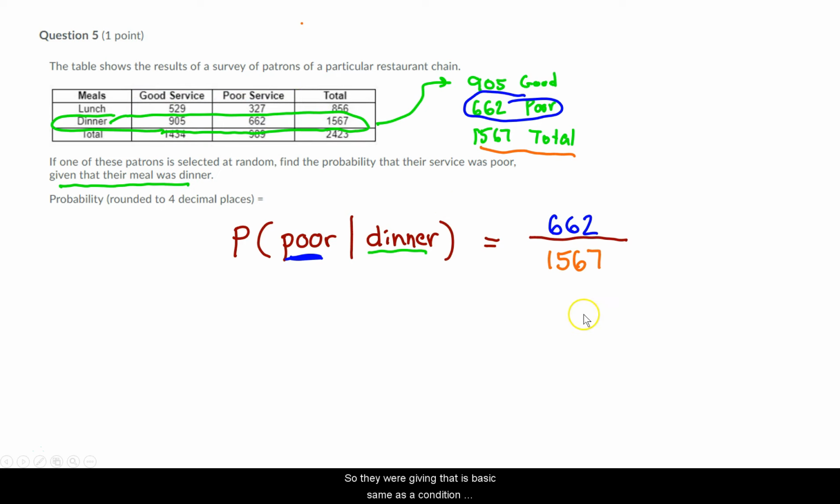So that phrase given that is basically saying there's a condition being put here, so you're not going to be looking at the entire sample as a whole. If they just said, what's the probability that someone said that they had poor service, I would look at this number here out of this number here. But given that it's dinner, I'm only looking at these numbers right here. And of course, that ends up being about 0.4225.